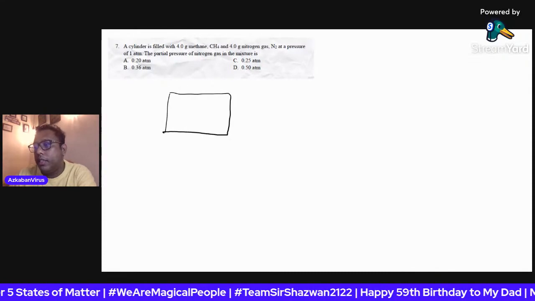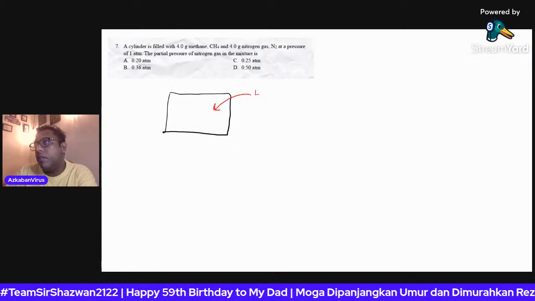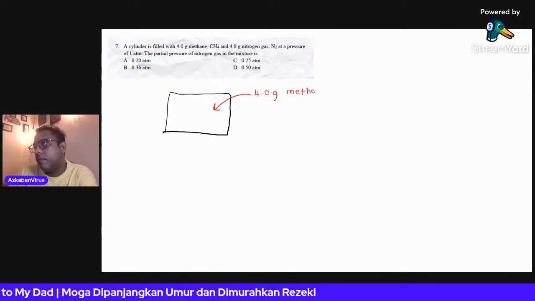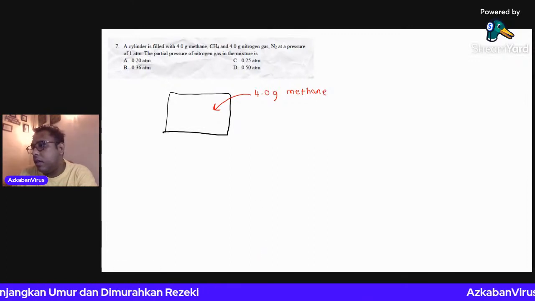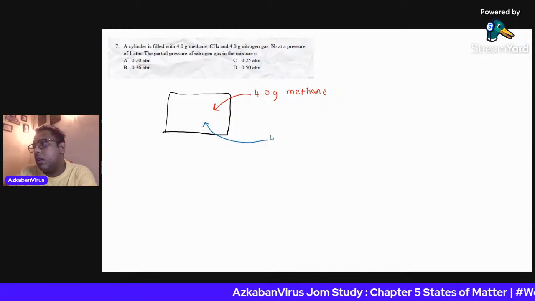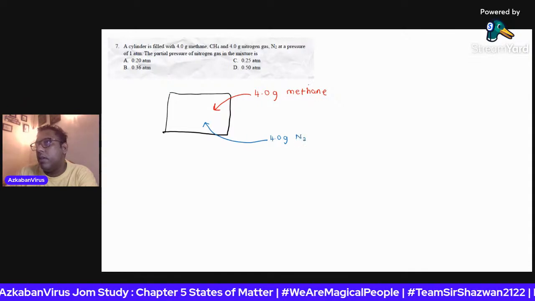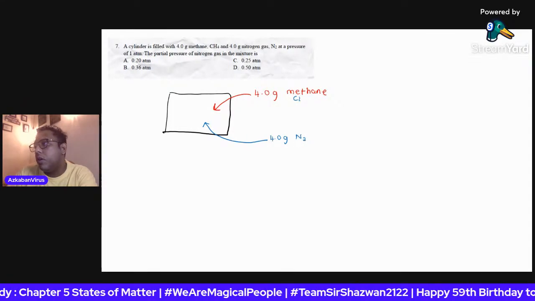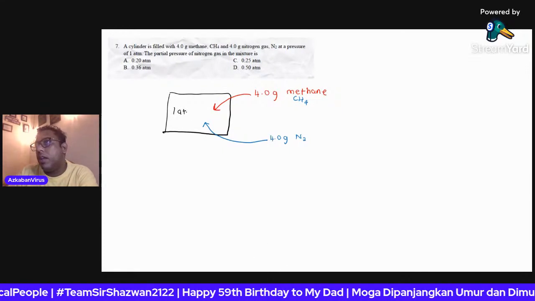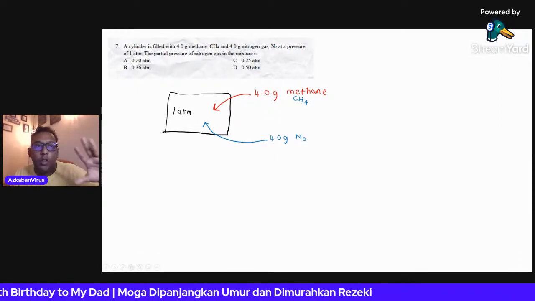Dalam container tu kita isi 4.0 gram of methane dan juga 4.0 gram of nitrogen gas. Methane is CH4. Dia kata total pressure dalam ni adalah 1 atm. Dia minta partial pressure. Partial pressure maksudnya pressure of si methane tu sahaja.